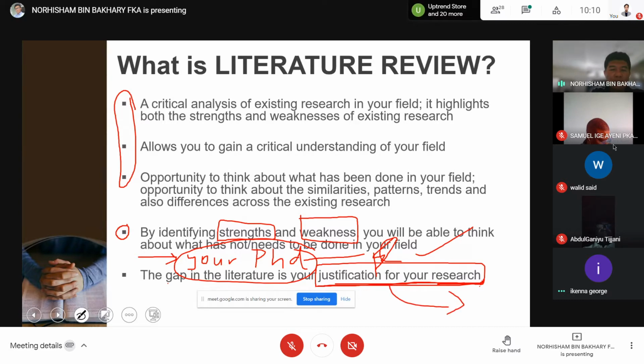In order to get the strengths and weaknesses, you need to understand the theory, you must be able to critique, find the similarities, and analyze the patterns and trends of the research in your area. So in order to understand this, you have to have good knowledge.